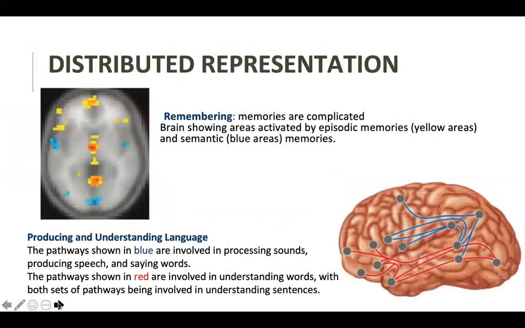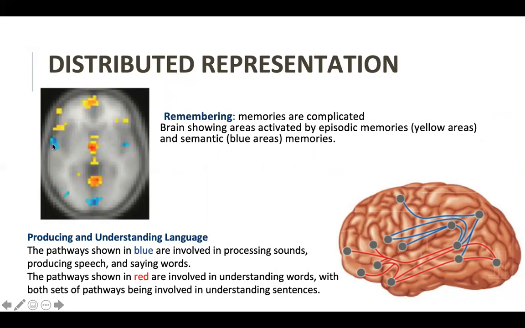Distributed representation can also be observed in other cognitive functions such as remembering. Remembering contains memories that are actually complicated. Brain imaging shows areas activated by episodic memories, shown in yellow, and semantic memories, shown in blue.